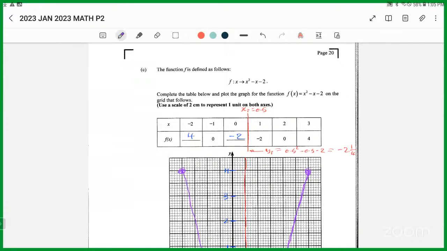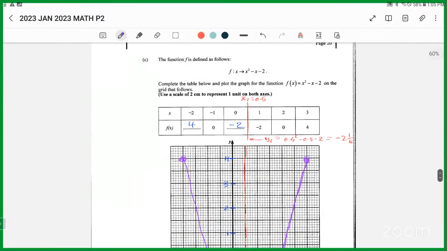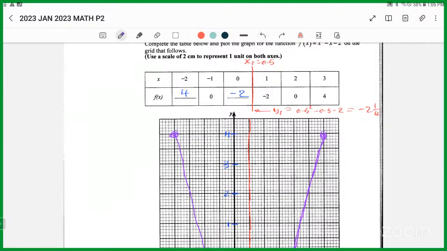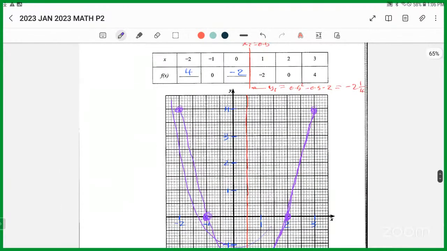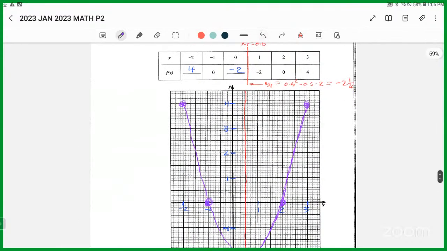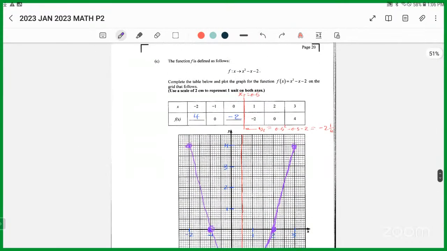The minimum value is the lowest y value. This is negative 2 and a quarter, the lowest y value of the graph. If you think of it this way, the function is giving you a y value. You put in x values and it gives you y values. The lowest y value that this function can give you is this one down here, because for any other x value, the graph goes all the way up to infinity.